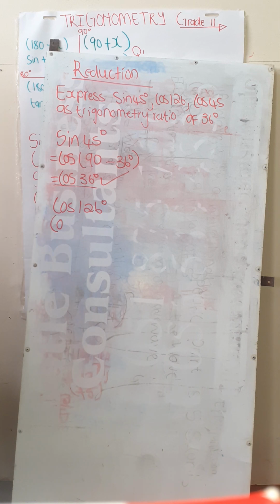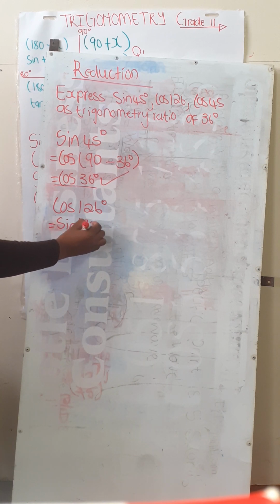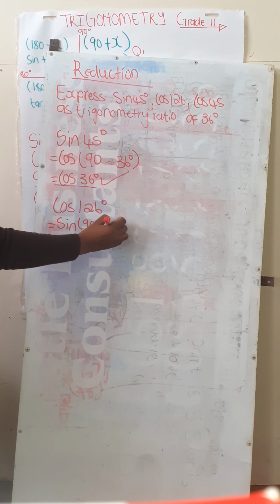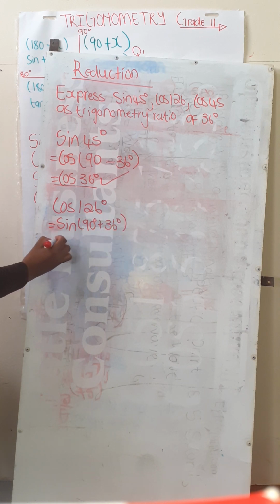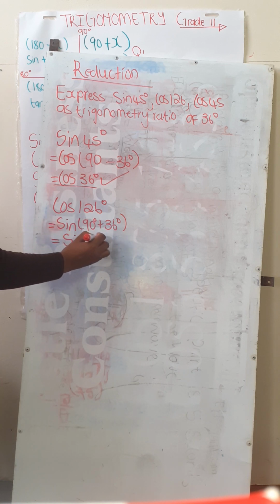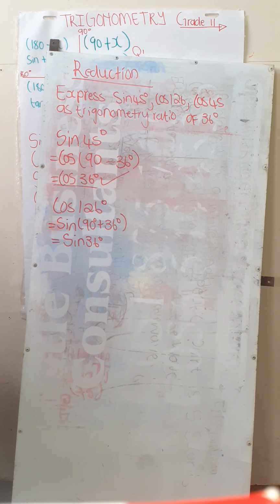These are the rules that I talked about: sine 90 minus 36 changes to cos. Now we are here, cos 126, because you're going to use 90 plus, this cos needs to change to sine. That will be sine 90 plus 36 degrees, and because sine is positive in this quadrant, that will be sine 36 degrees. Look, we have done what we've been asked, and we have applied all the rules that we previously talked about.